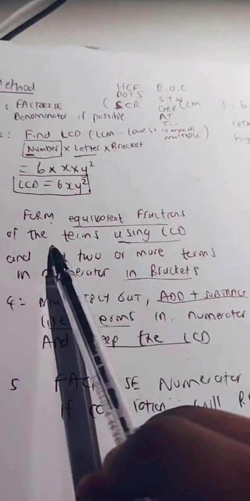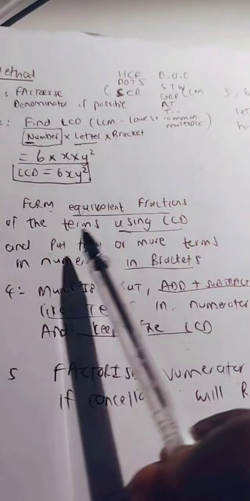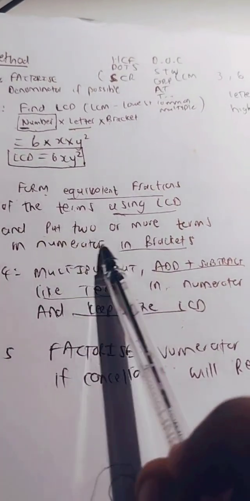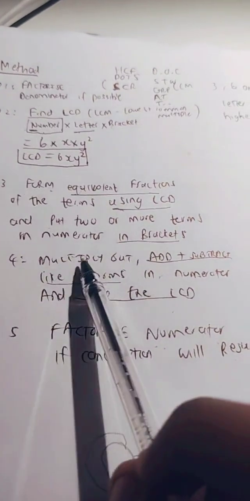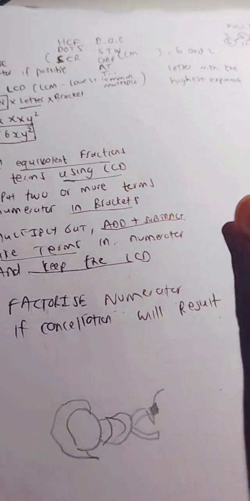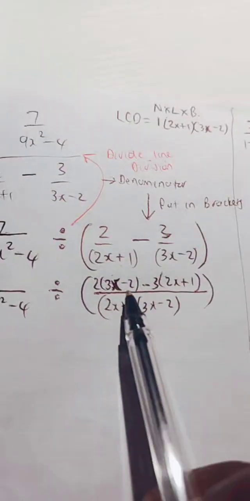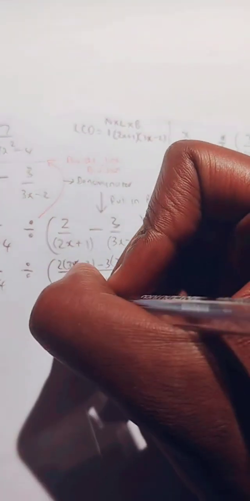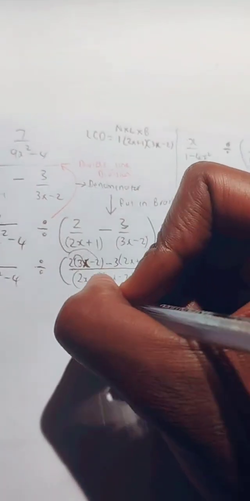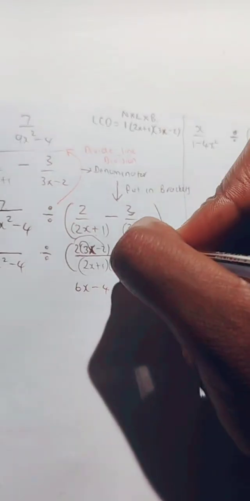After forming equivalent fractions of the terms using the LCD and putting 2 or more terms in brackets in the numerators, we now can multiply out, add and subtract like terms in the numerator and keep the LCD. So let's go. 2 times 3x, that's 6x. 2 times negative 2, negative 4.